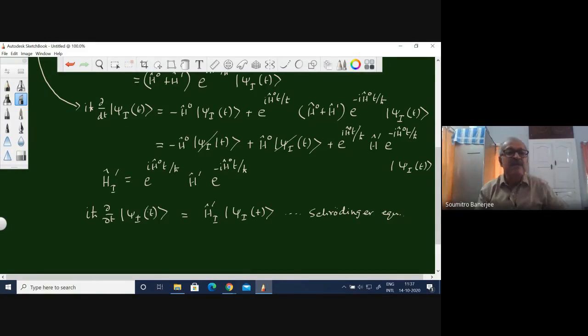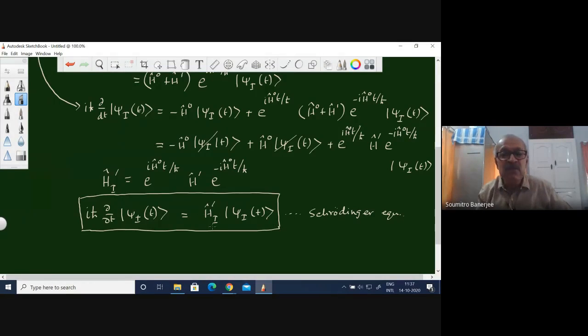So this is the advantage of the interaction picture, that we have a differential equation that is the same as the Schrodinger equation. Only thing is that we have suitably defined the Hamiltonian of the interaction picture.